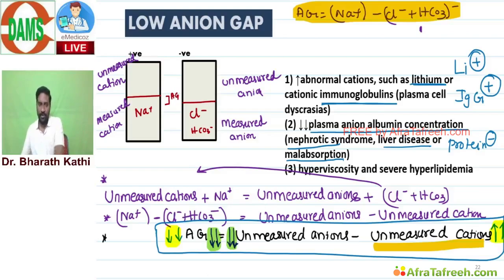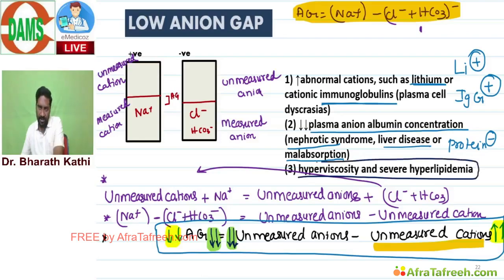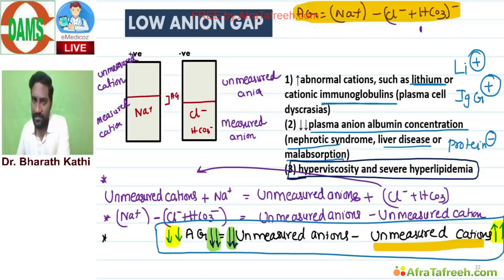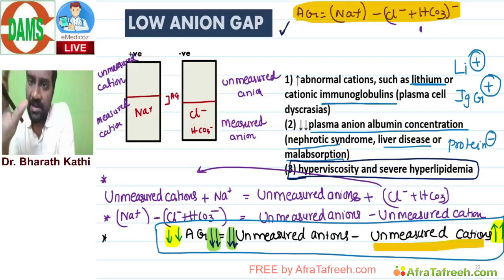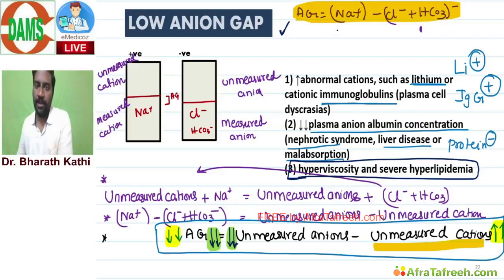Next important thing, whenever there is hyperviscosity and severe hyperlipidemia, because the blood is viscous, the electrolyte machine may not be able to detect sodium properly. So there can be underestimation of electrolytes.